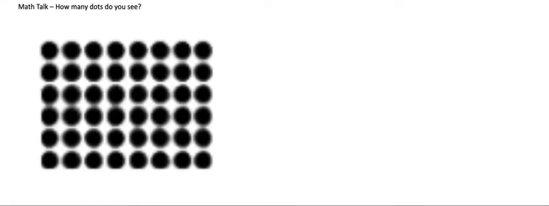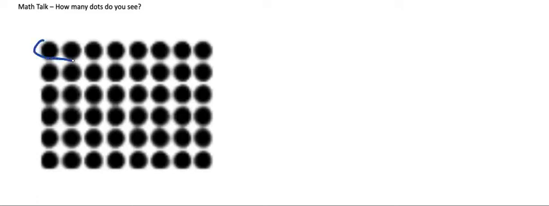Alright, so since I can't hear any of your responses, I'm going to tell you different ways that I saw this array and how I was able to determine the total amount of dots. So first, let me take a look at the rows.